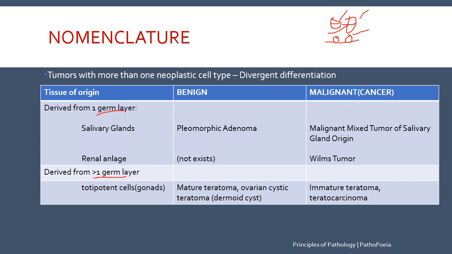The cancers arising from a single germ layer would be malignant mixed tumor of salivary gland origin, and when it's benign, it's called pleomorphic adenoma. The pleo refers to multiple shapes and sizes and the variability of the neoplastic cells. Now, if it is in the renal, it would be only in malignant form, called Wilms tumor.